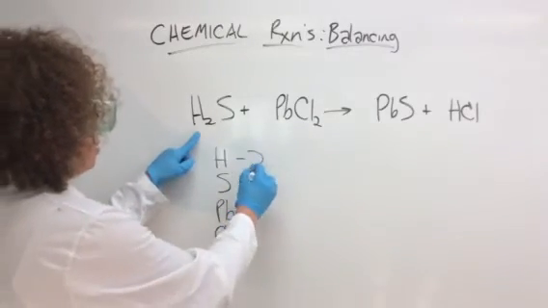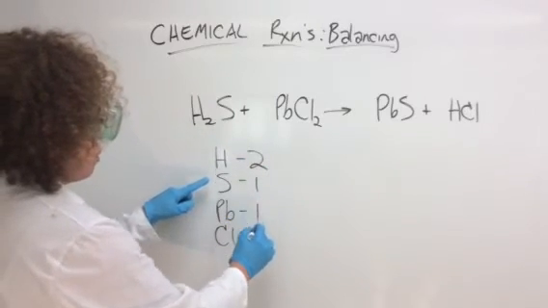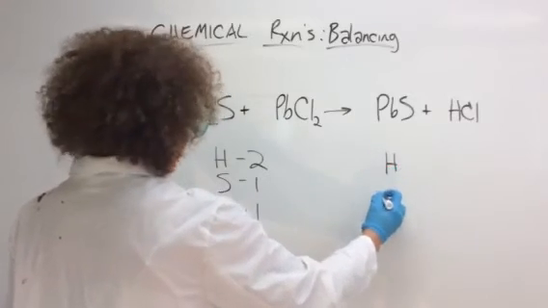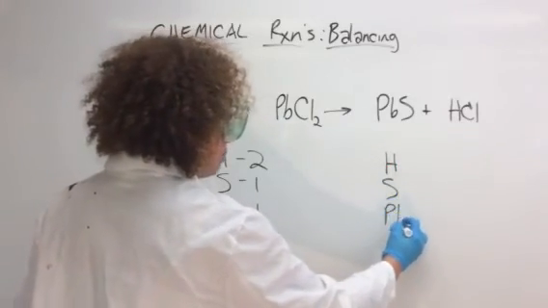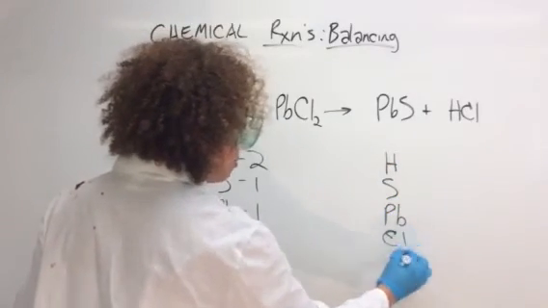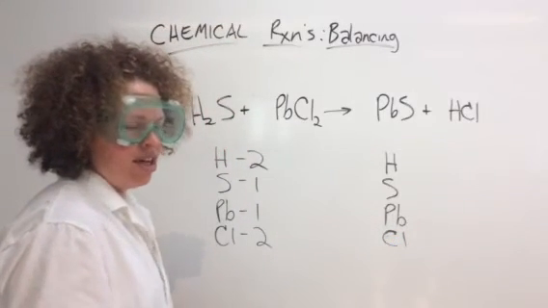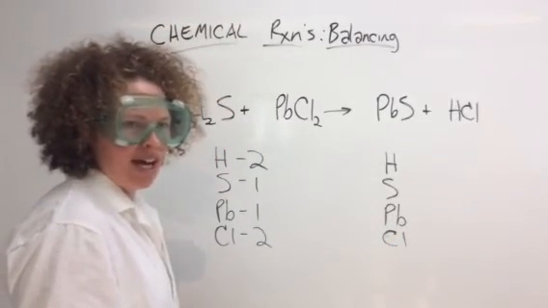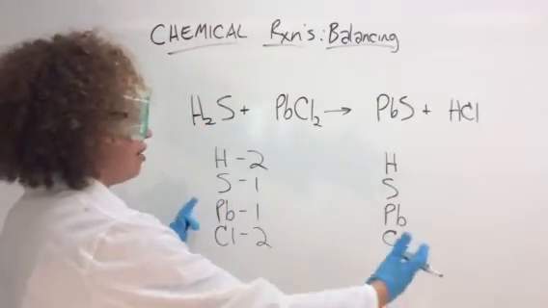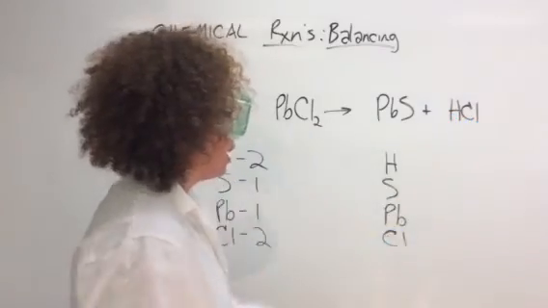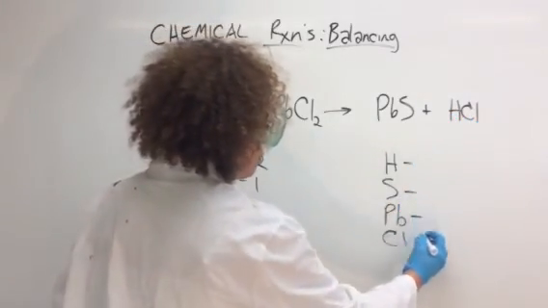So I have 2 H's, 1 sulfur, 1 lead, and 2 chlorines. On this side, I have the same ones, and if I didn't, then I wouldn't even be proceeding with this question. I'd be like, this is a junk question. It doesn't obey the law of conservation of atoms if they're not each on both sides. But they are. We got lead, sulfur, hydrogen, chloride. They're just matched up a little differently.